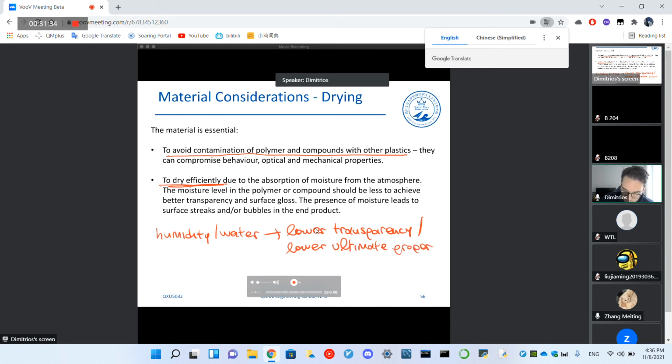And that is why usually before extruding our material, we put them in an oven for, let's say, 4 hours, 5 hours at 70 or 80 degrees. And this way, moisture is removed. We don't generally use much higher temperatures.